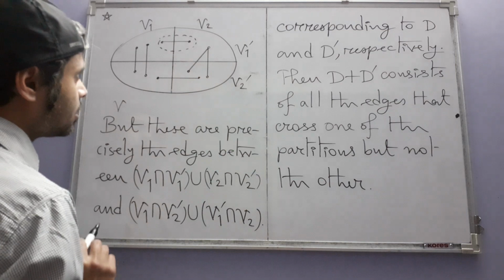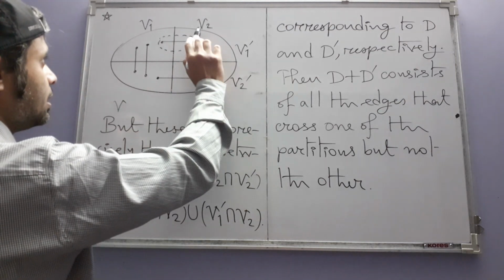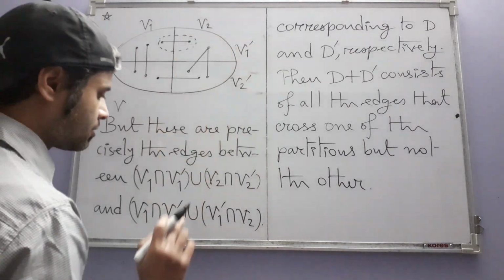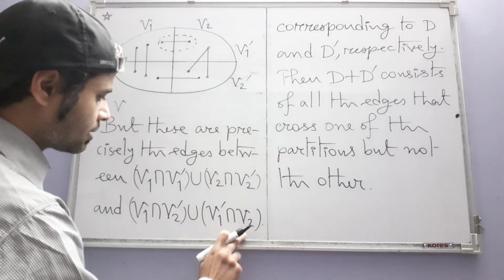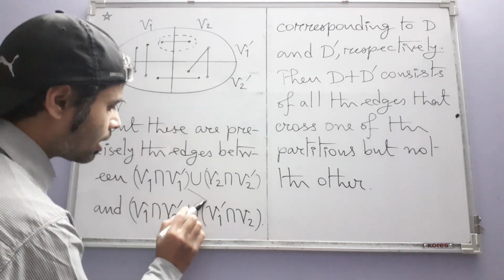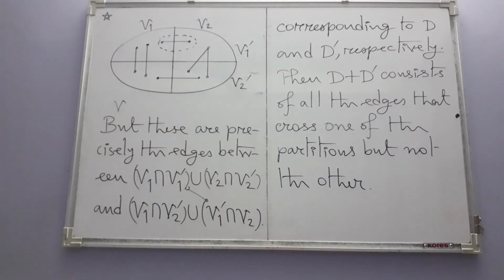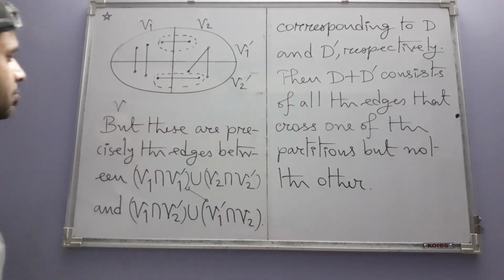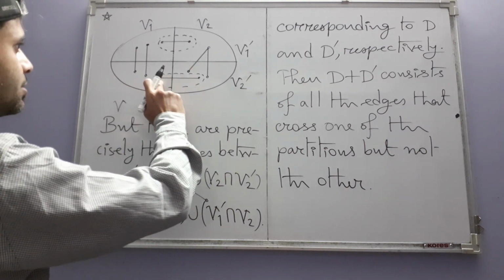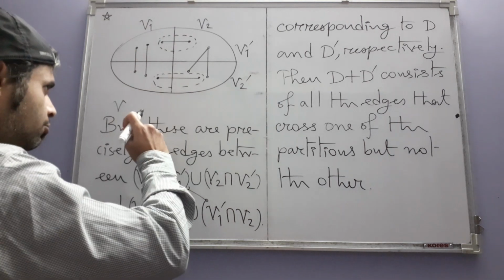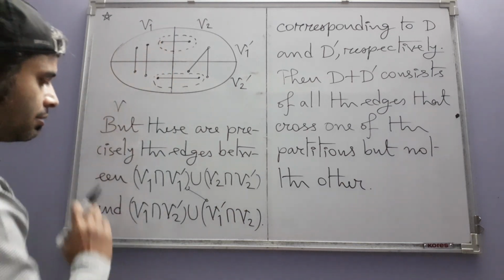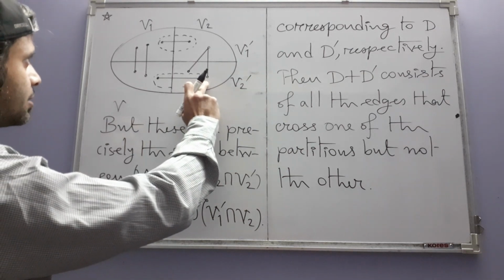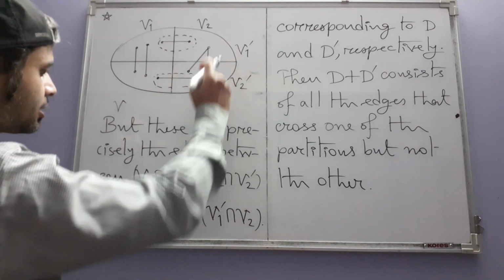And this other end lies where? In V2 intersection V1 prime, or the same thing, V1 prime intersection V2. So this edge is like this. What about this edge? One end lies in V2 prime intersection V1, that means this one, and the other end lies in V2 intersection V2 prime.